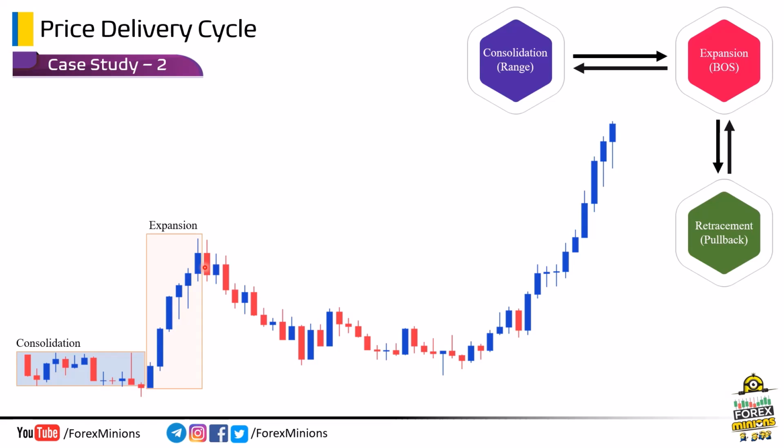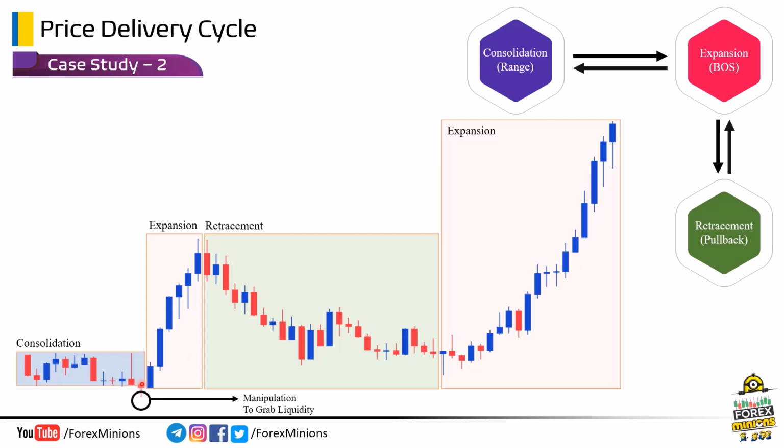Now, what can we expect next? A retracement, which occurs to fill the price imbalance. Here, a retracement occurred after this expansion to fill the liquidity void. Next, the market again expanded after retracement, which is a cyclic process. Note this point, this is basically a liquidity grab that usually occurs when expansion takes place.